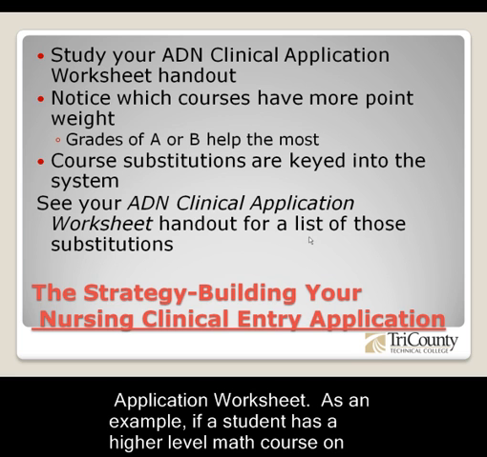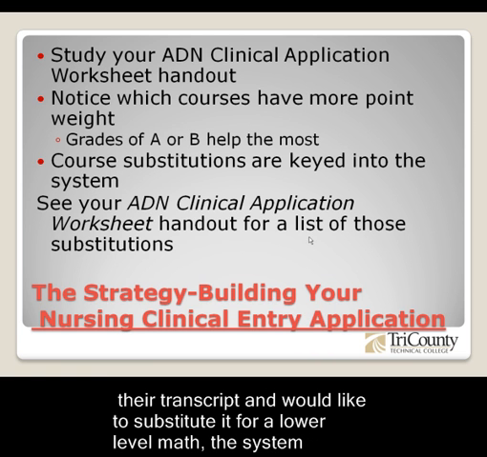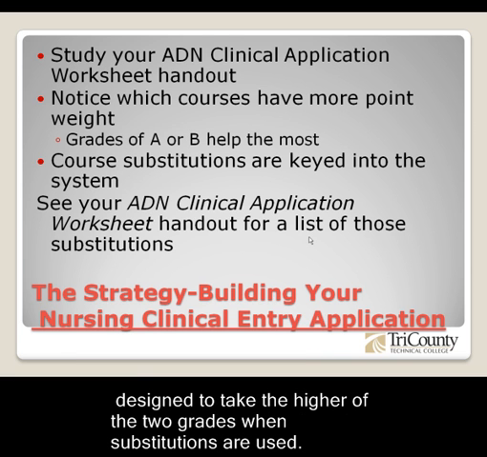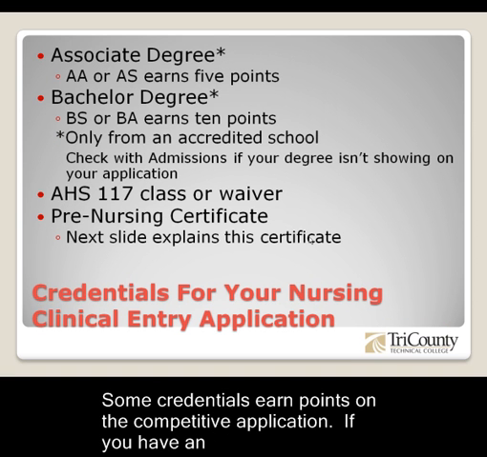As an example, if a student has a higher level math course on their transcript and would like to substitute it for a lower level math, the system seeks those out and allows for those substitutions found on this chart. The system is designed to take the higher of the 2 grades when substitutions are used.